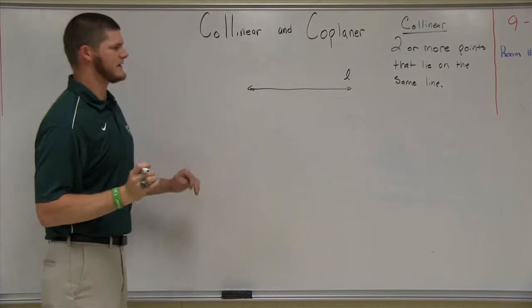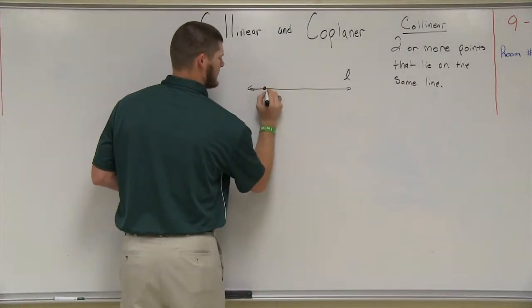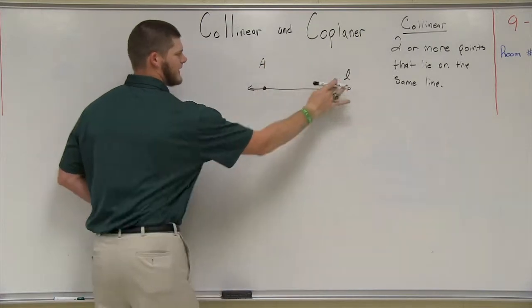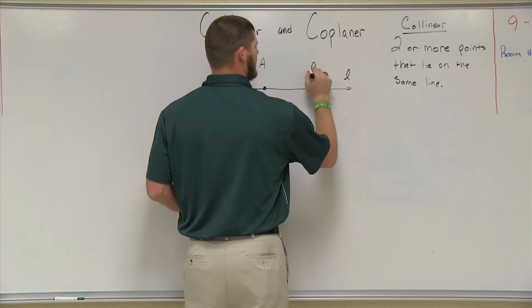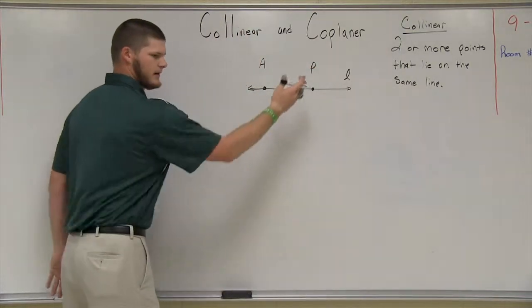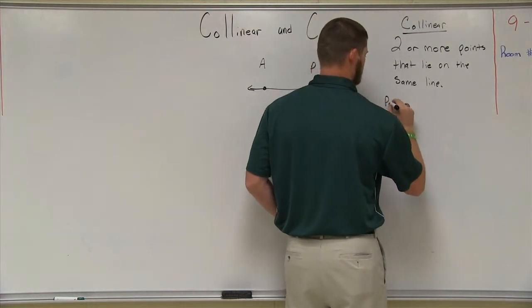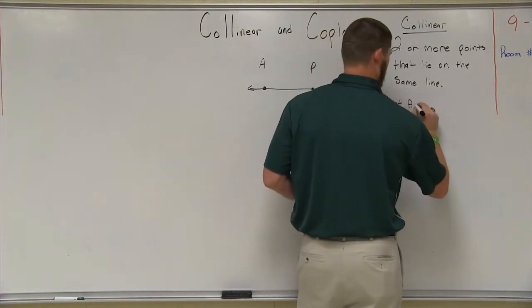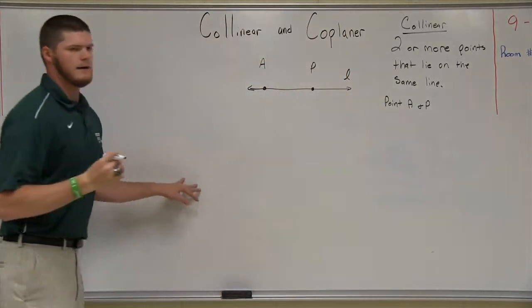Collinear is 2 or more points that lie on the same line. So for example, point A here resides on line L. Point P also resides on line L. That would mean that point A and P are collinear.